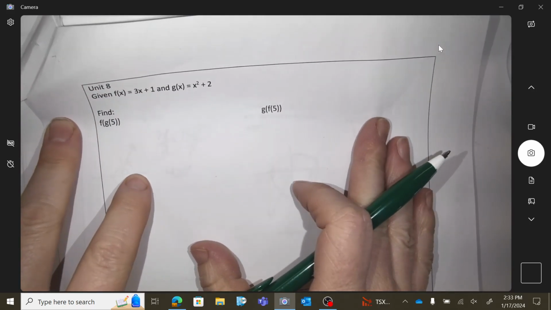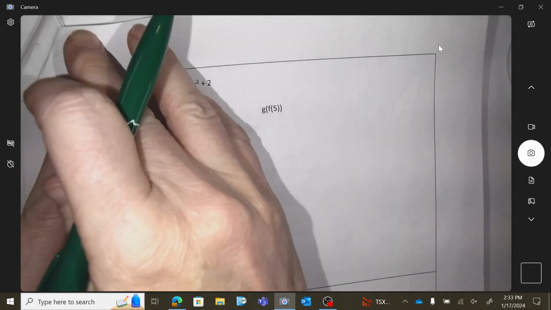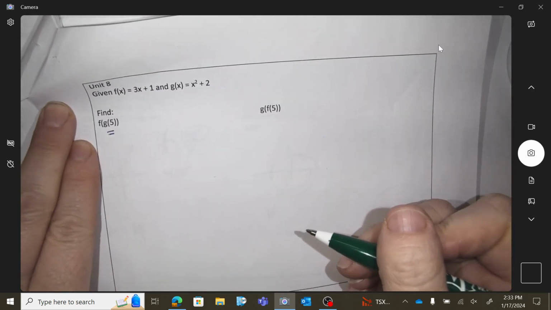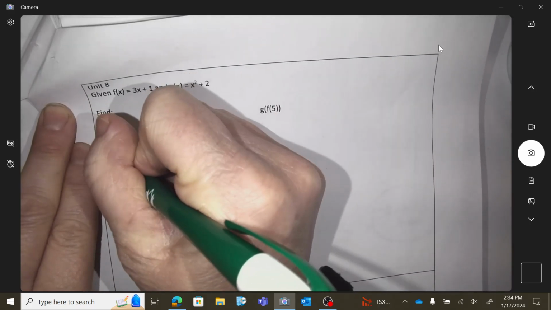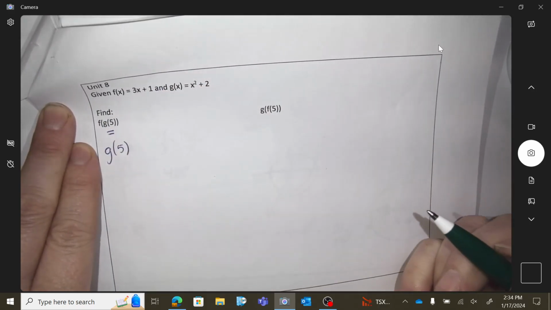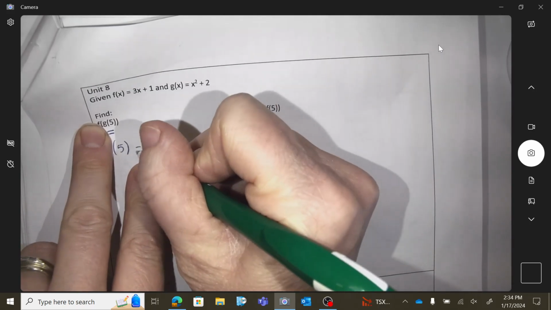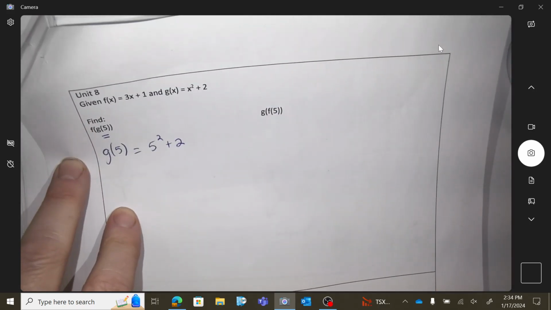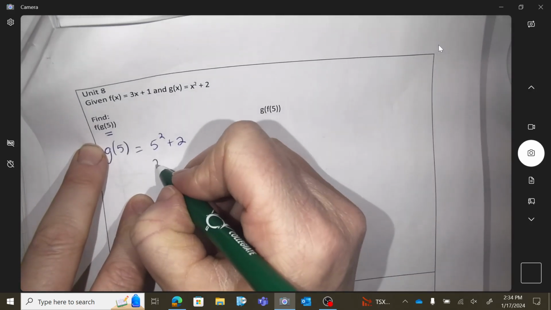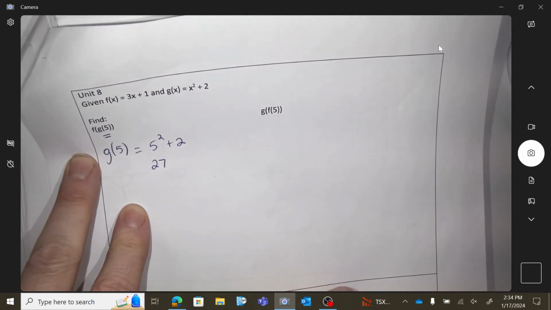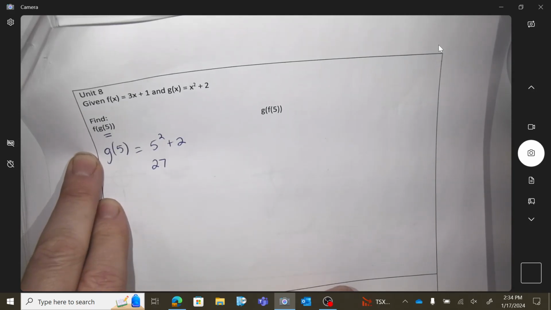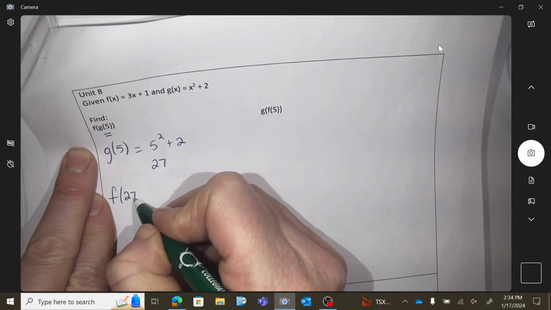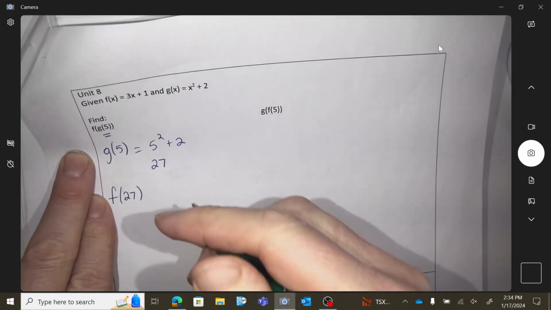Okay, composite. So you have to start with g of 5 first. So plug a 5 into the g function. Then do the f of that.